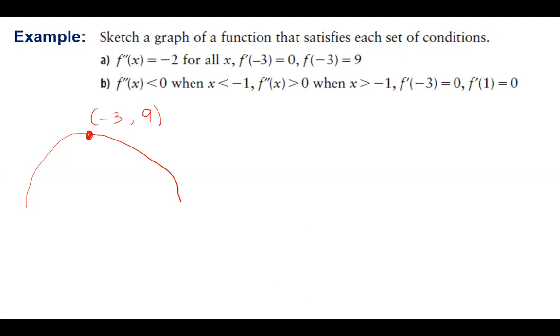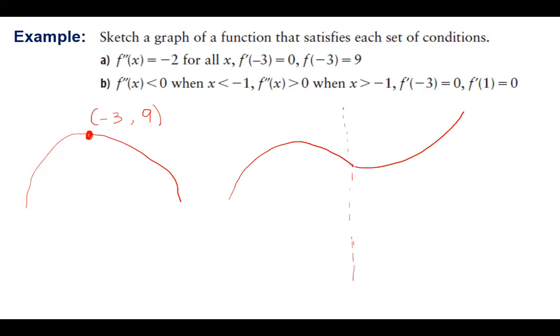note here the second derivative is less than 0 when x is less than -1, and when x is greater than -1 the second derivative is greater than 0. So that means x equals -1 is a boundary, which makes this function change from concave down, something like this, to concave up, right?